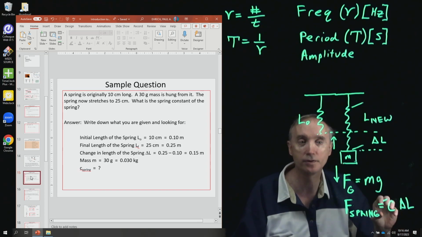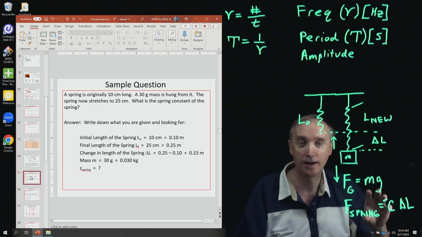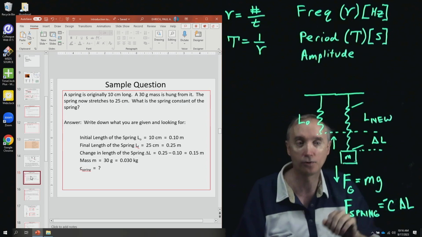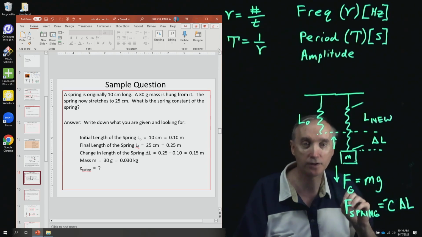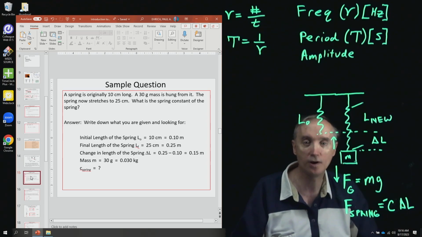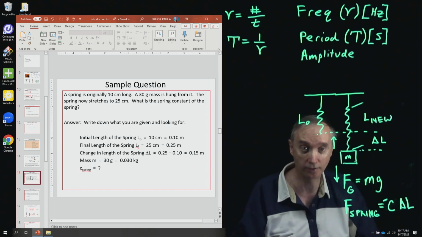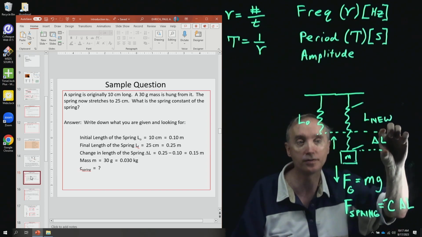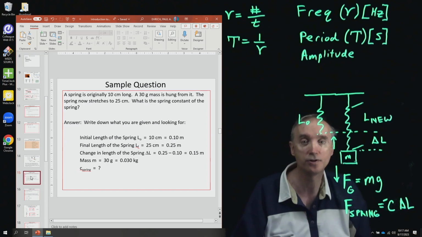You always, always, always have to put official metric units into any formula, so we have to convert to meters. Now the change in the length of the spring, we're going to subtract them. So 0.25 minus 0.10 is 0.15 meters. That's the change in the length of the spring.